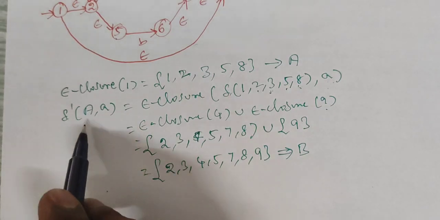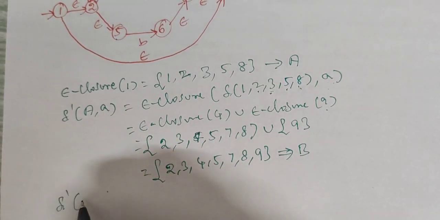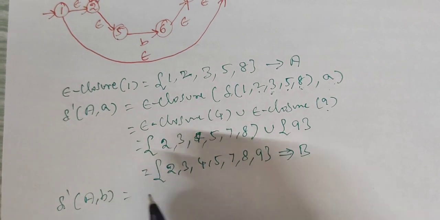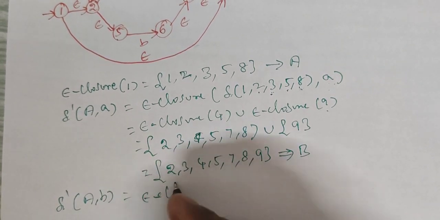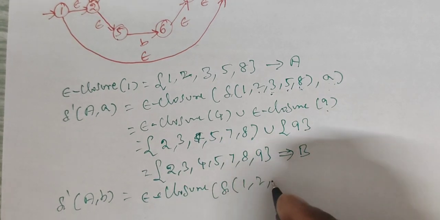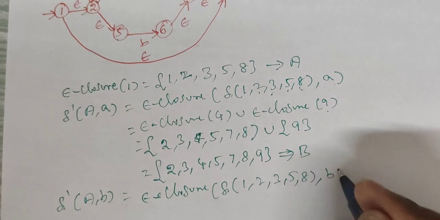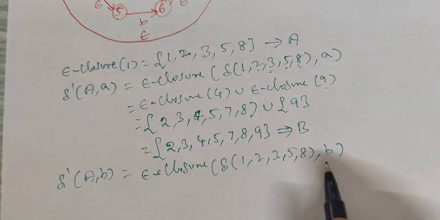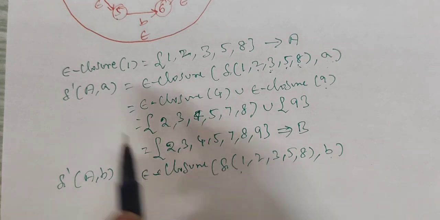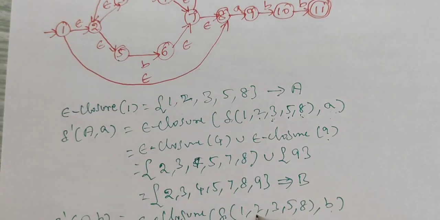I will go for the next one. Since for set A we have applied input a, now we have to apply b. So delta dash of A comma b is equivalent to epsilon closure of delta of 1, 2, 3, 5, 8 comma b. Now b cannot be applied in 1 because 1 does not have an input b, and 2 does not have an input b, and 3 does not have an input b.